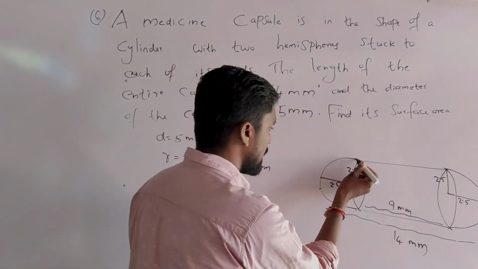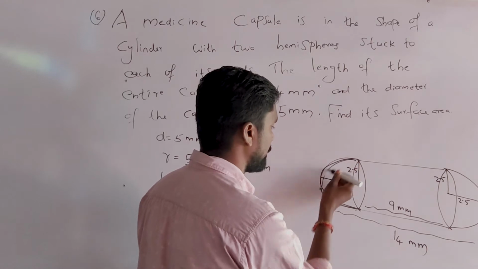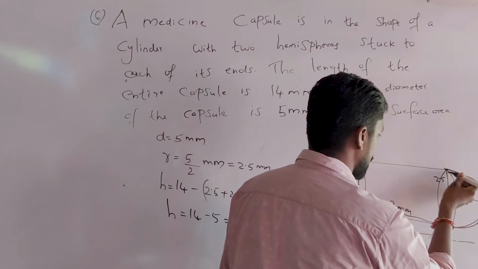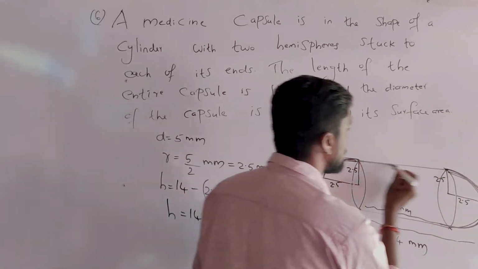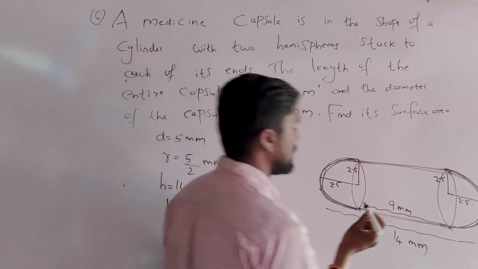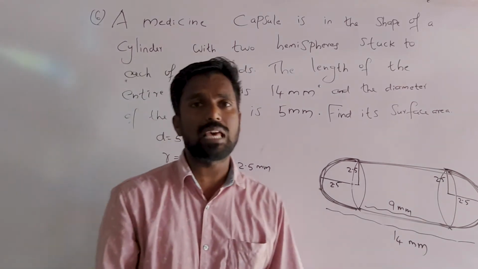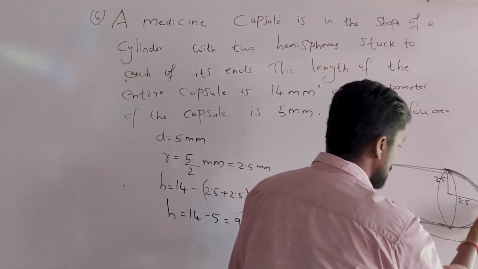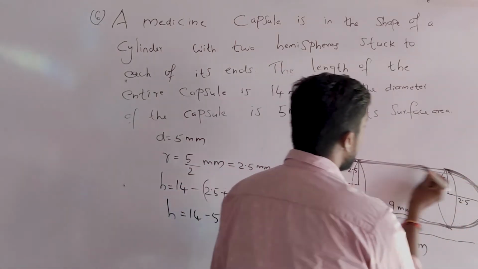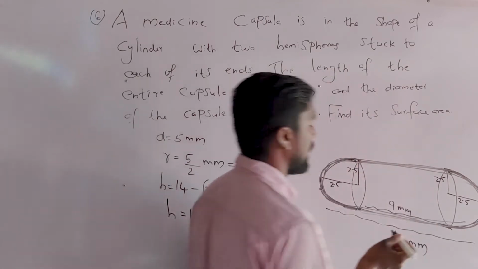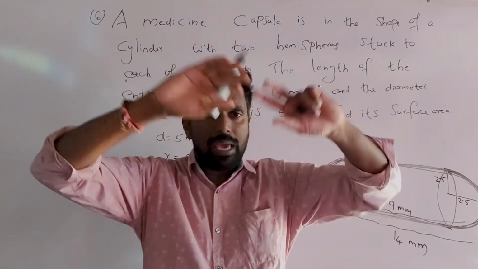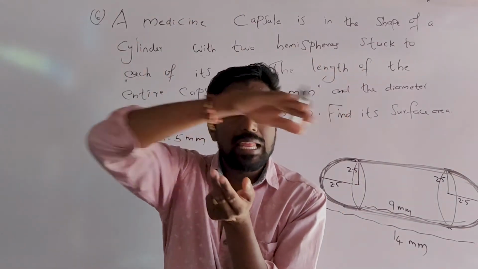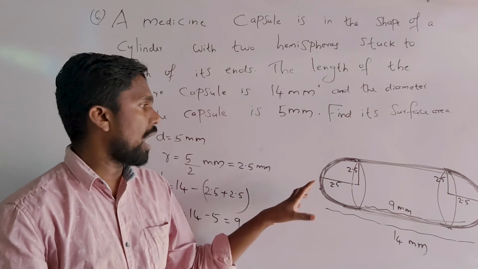Capsule means CSA of this hemisphere plus CSA of the other hemisphere plus CSA of cylinder. 2 hemisphere curved surfaces and the cylinder curved surface, you have to add.